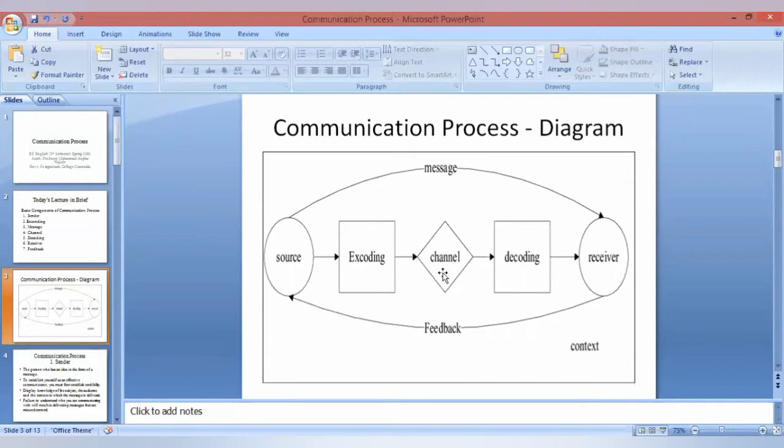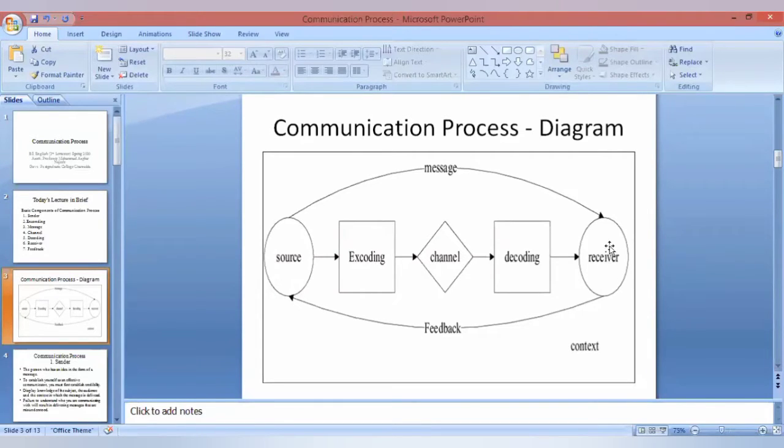This is the mode of transmission, a medium through which he has to send that message, and that message is then received and decoded, deciphered once again, reinterpreted. The idea or the meaning out of that message is once again derived by the recipient.